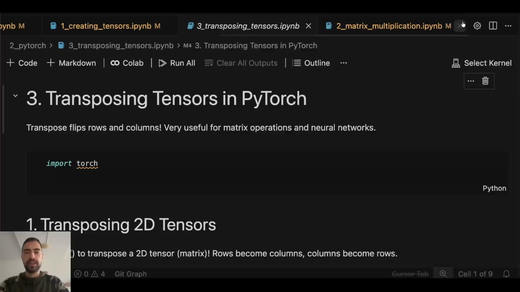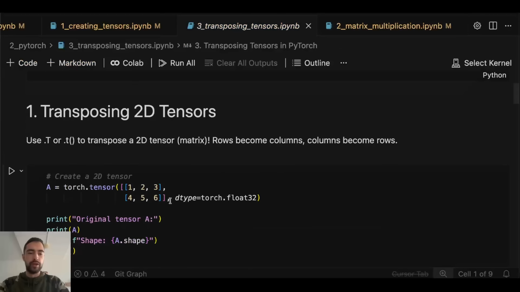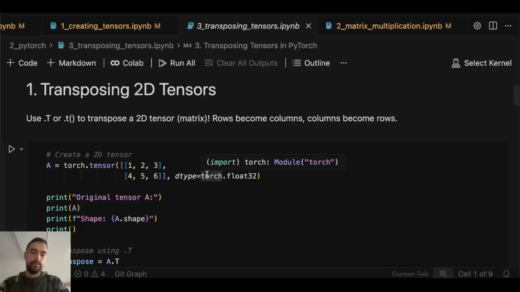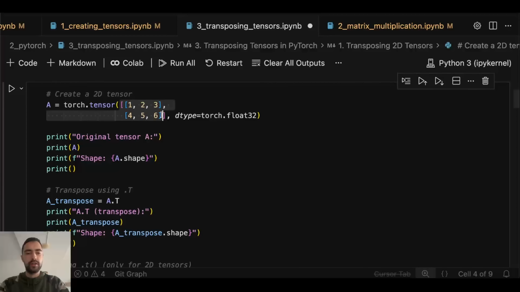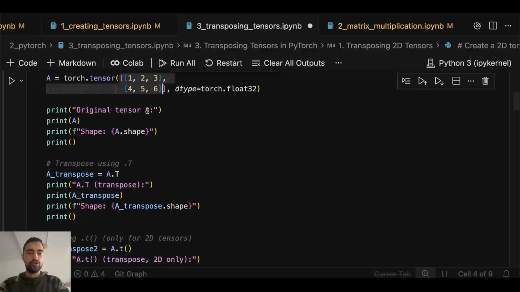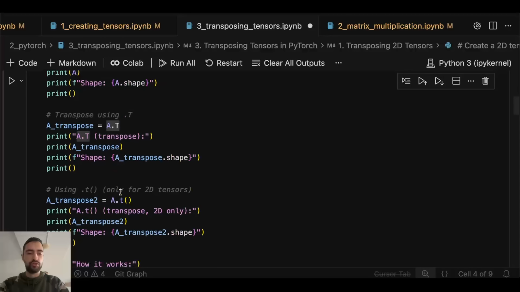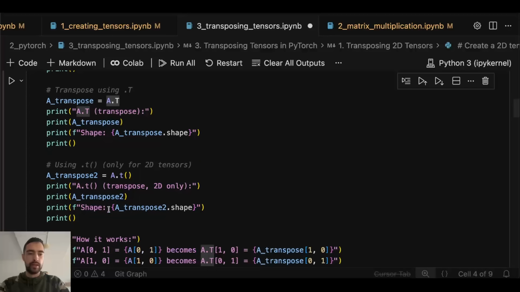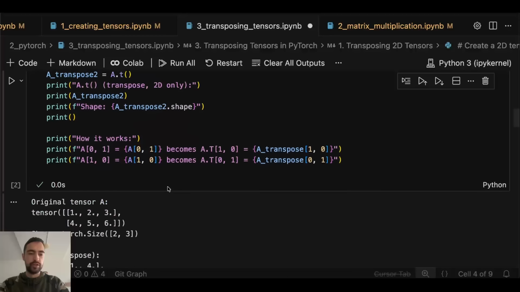I will go to the third lesson, third notebook here in PyTorch. I'm going to skip some of the matrix stuff, that's not so important. If we have a tensor, in this case a matrix, we can transpose it by using a.t, and I'll show you what transposing means. We can use a.t with these brackets, but only for 2D tensors.